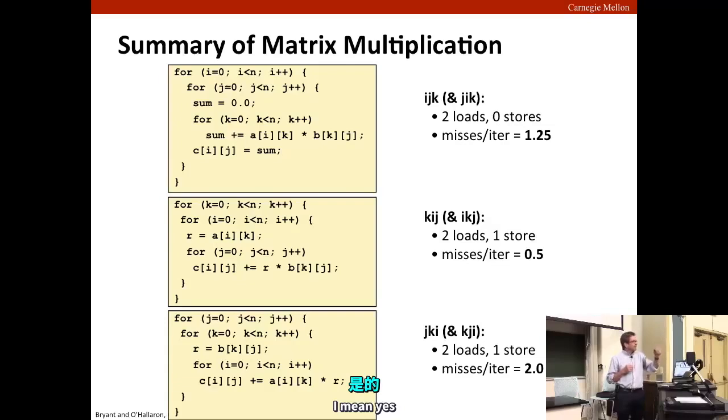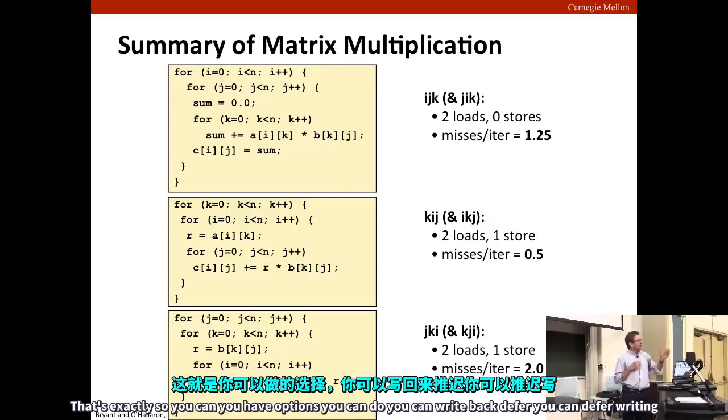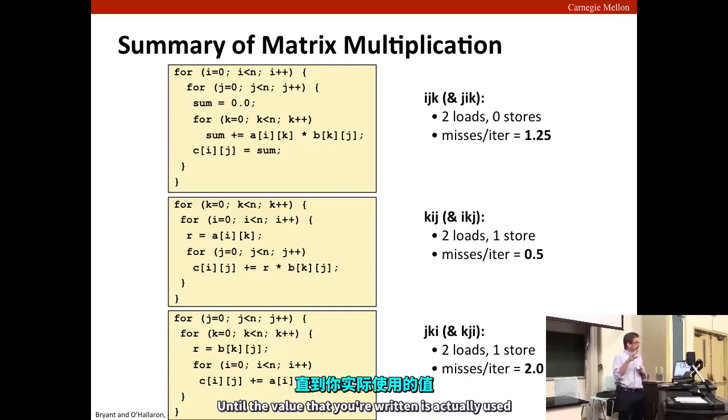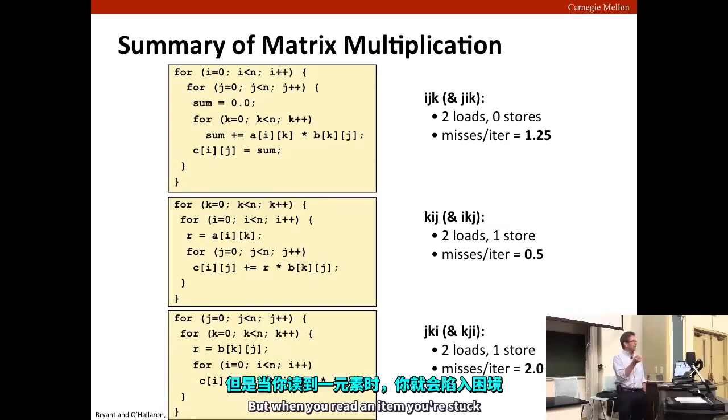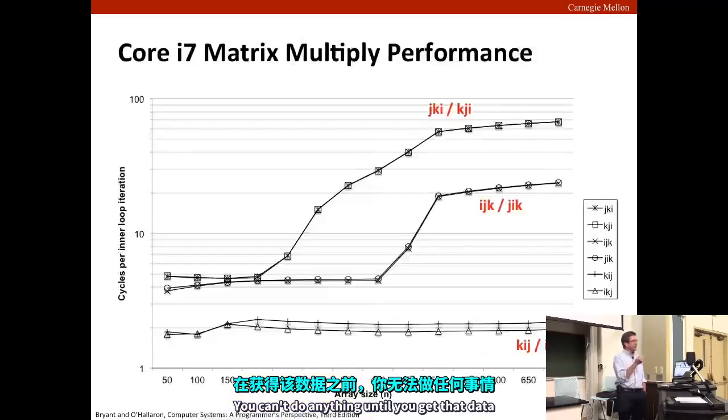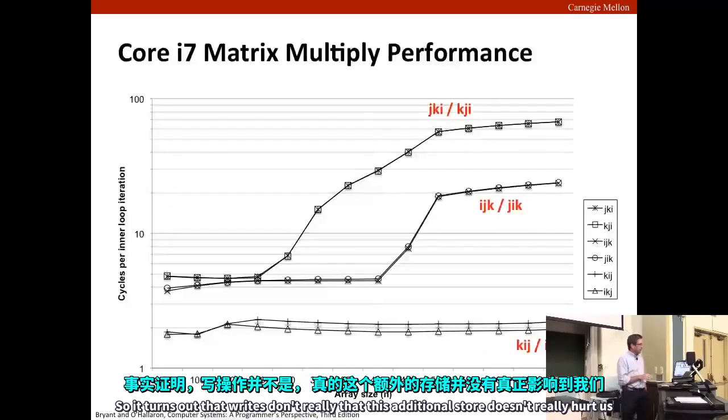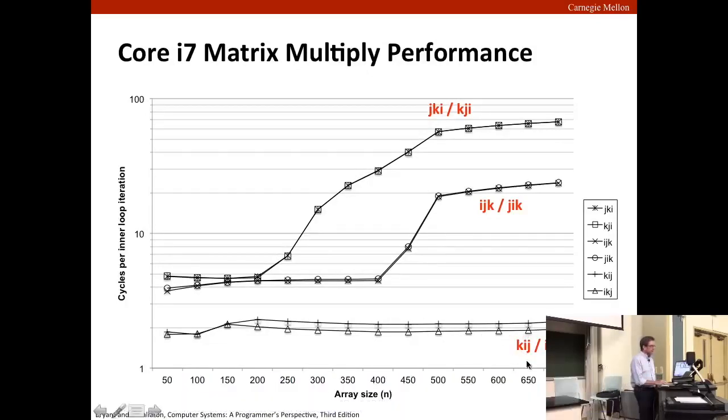Yes, exactly. So you have options. You can write back, and defer writing until the value that you've written is actually used. But when you read an item, you're stuck. You can't do anything until you get that data. So this additional store doesn't really hurt us.